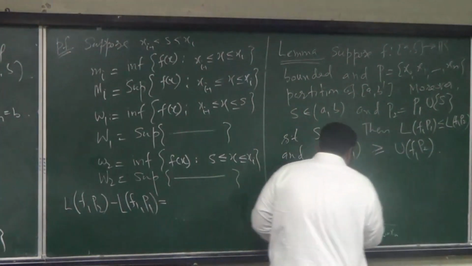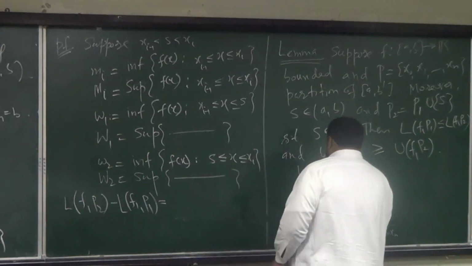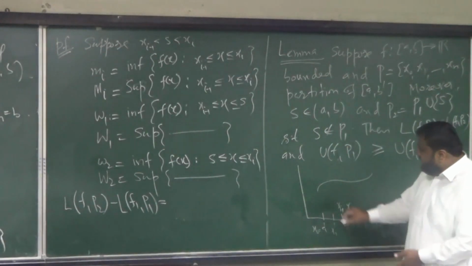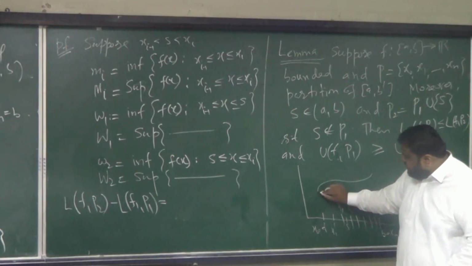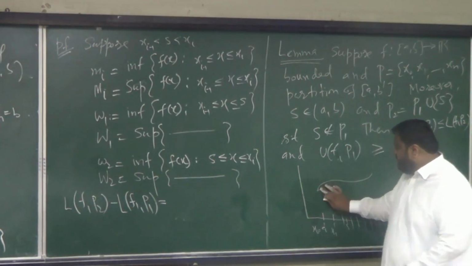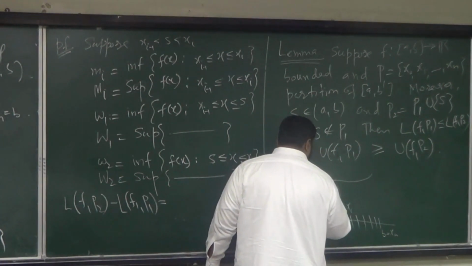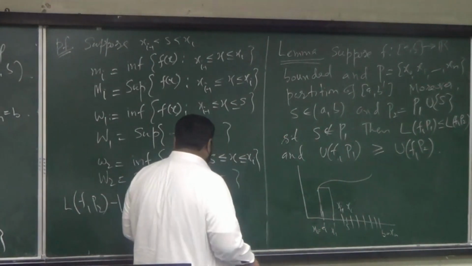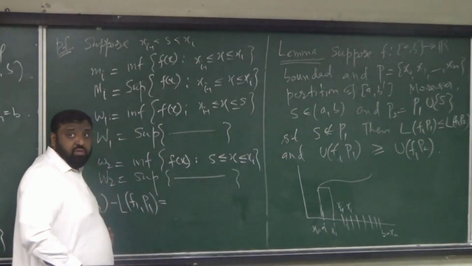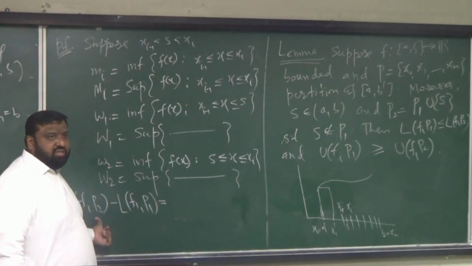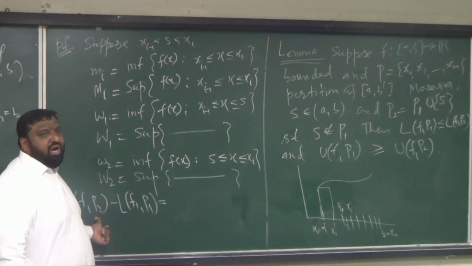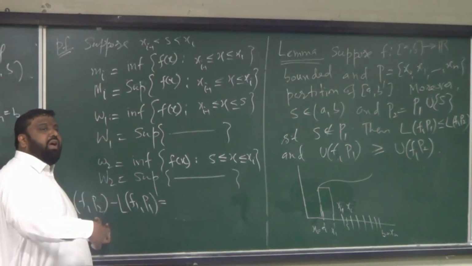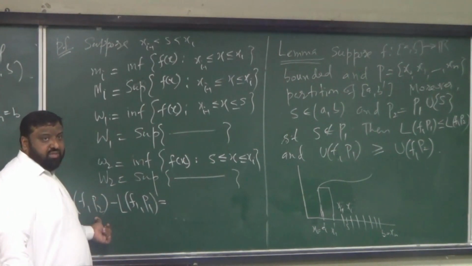So how about this area actually? Is this area a part of L f P2? Imagine I draw a rectangle by taking the infimum. Is the area of this rectangle included in L f P2? Yes, it would be, because P2 is a refinement, and we just added one point.